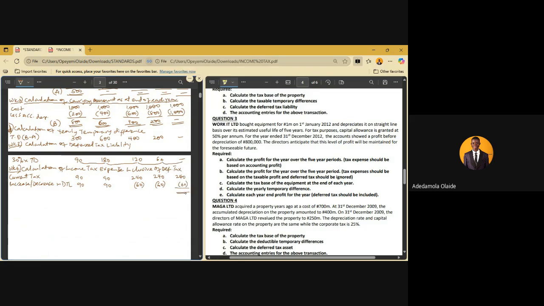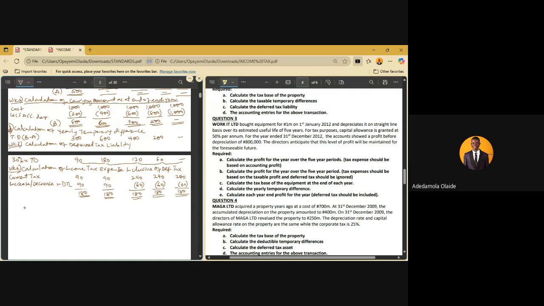So what do we now have as the income tax expense? We have 180, 180, 180, 180, 180.